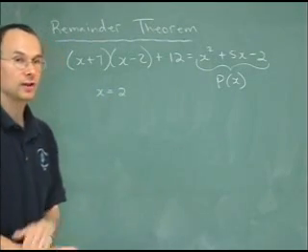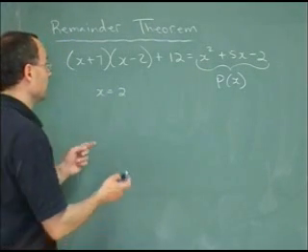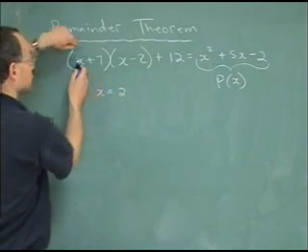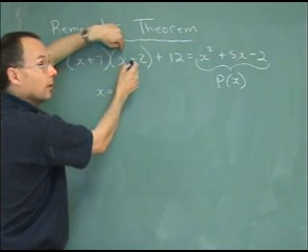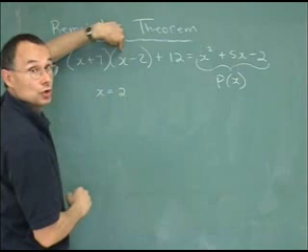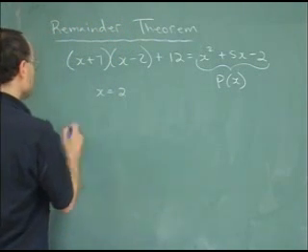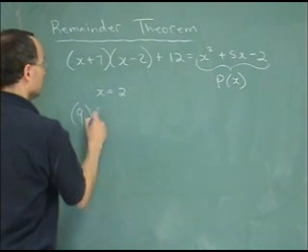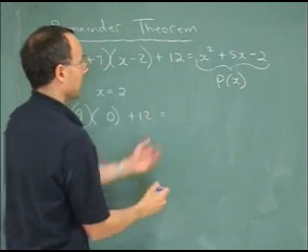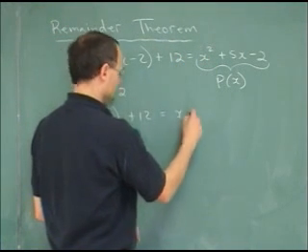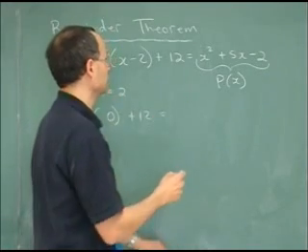Okay? Now, why is that such a good choice? Well, if I put a 2 in here, I'm going to get 2 plus 7 is 9. But then I'm going to get times 2 minus 2. 2 minus 2 is 0. So what I'm going to end up with is 9 times 0 plus 12. And it equals all this stuff over here, which I guess we'll just put in the 2 here as well.